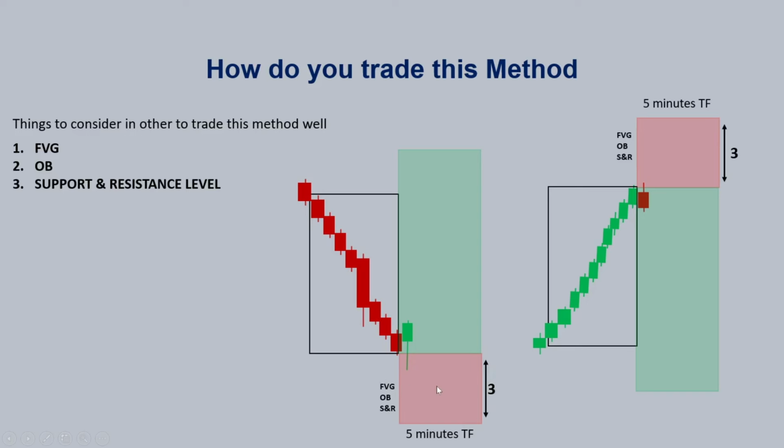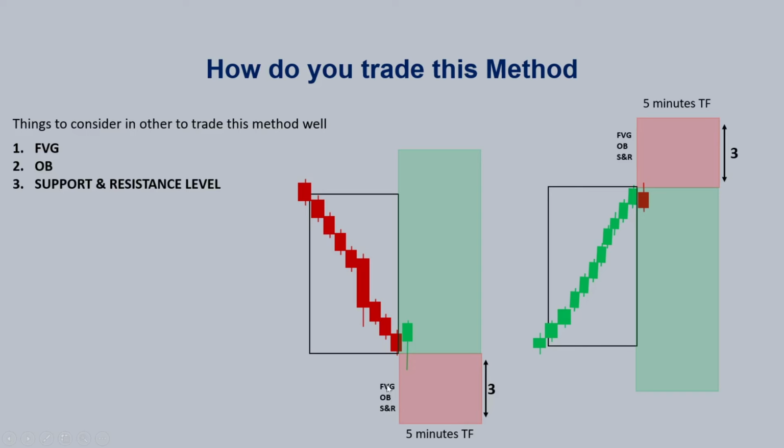Now within this 3%, you are not entering the trade here. You will not enter the trade here because this is just to guide you. So you are not entering the trade here. Within this 3% risk, find a fair value gap, find an order block, find a resistance or support within this same level.